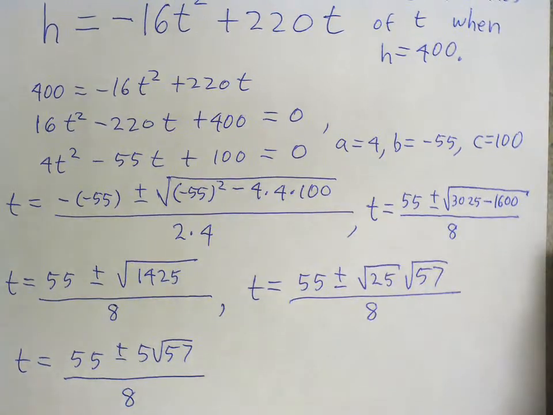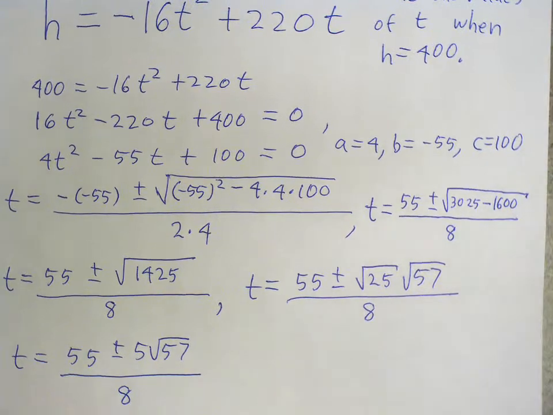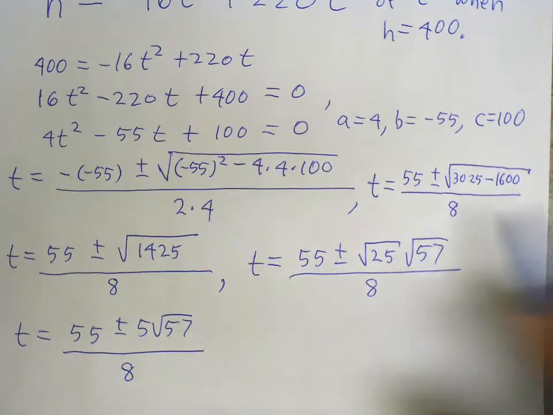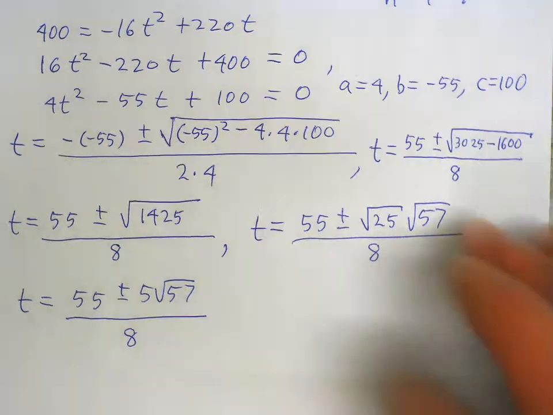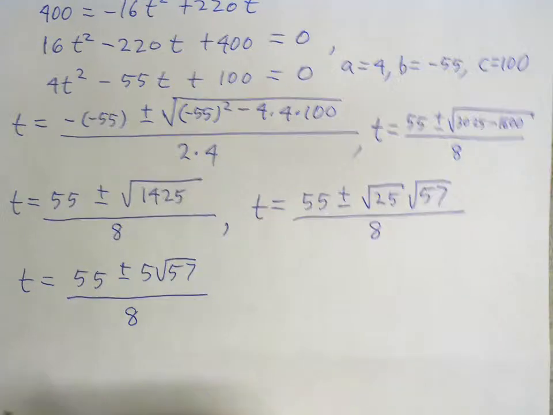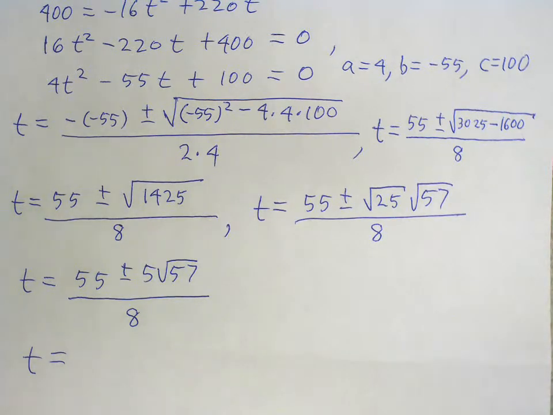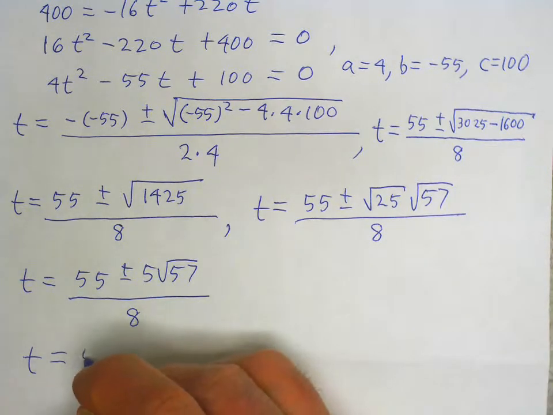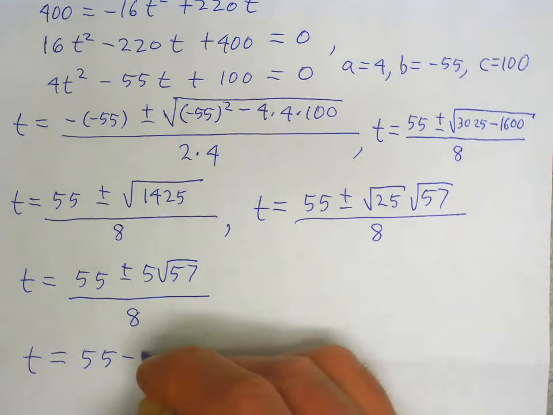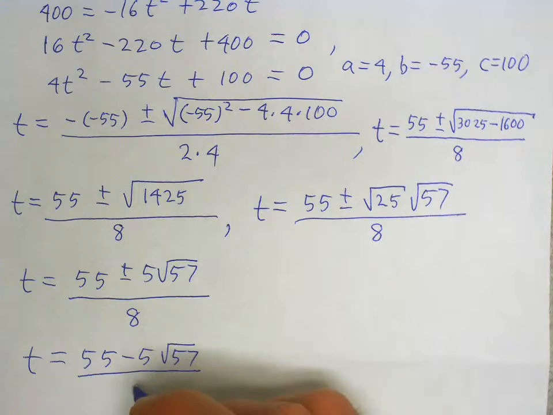Okay, there are 2 answers that make sense, as discussed earlier. So on the way up, or just shortly after being fired, the arrow will reach 400 feet when t equals 55 minus 5 times the square root of 57 divided by 8.